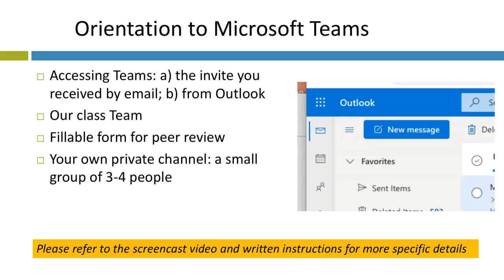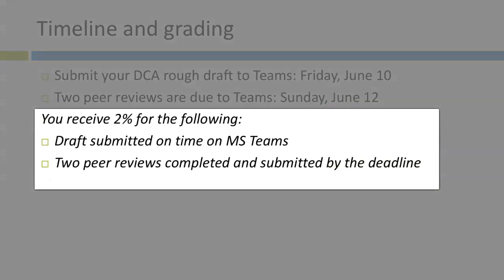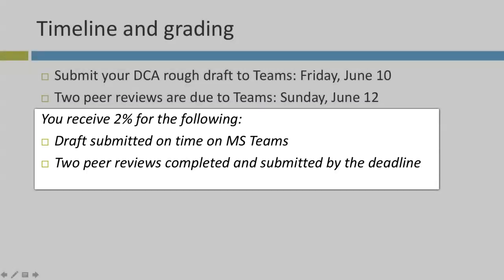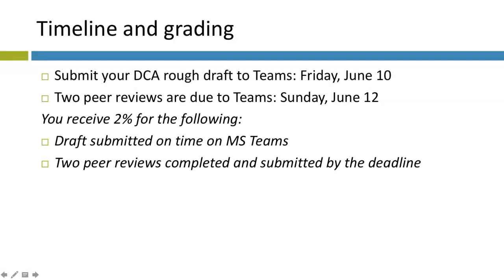The other piece in the mix here is that I will be uploading to Microsoft Teams the fillable form that we'll be using for peer review. How you'll get graded for this: you'll receive 2% if you have submitted your rough draft on time in Microsoft Teams, and you have also completed and submitted 2 peer reviews by the deadline.